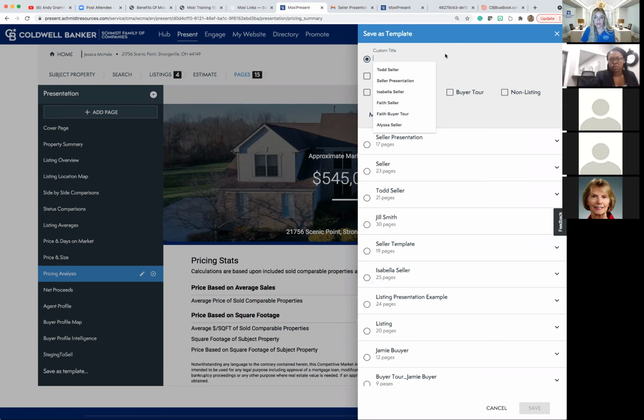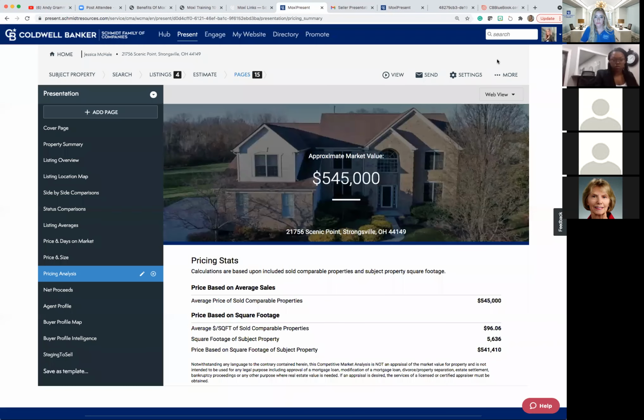It's amazing because it's such an easy way to have fewer steps to do a lot of work. So if I wanted to look at the presentation, I would click View, and I could see it in the digital version that I showed you, and I can see the PDF.